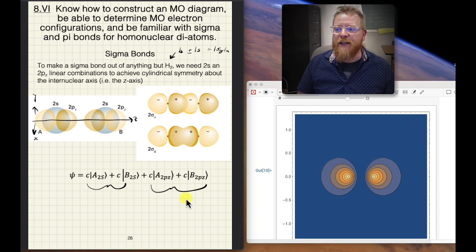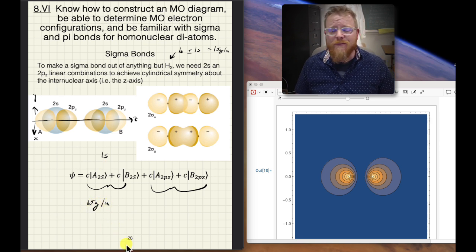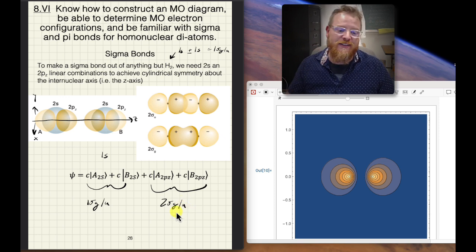Generally, our linear combinations of 2s or even 1s, we call the 1 sigma g and 1 sigma u. Linear combinations of 2pz to make sigma orbitals, we call 2 sigma g or 2 sigma u, because it still is making a sigma bond.